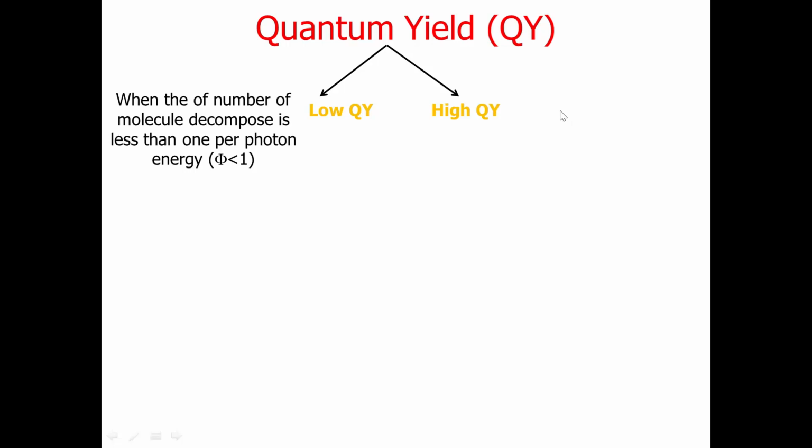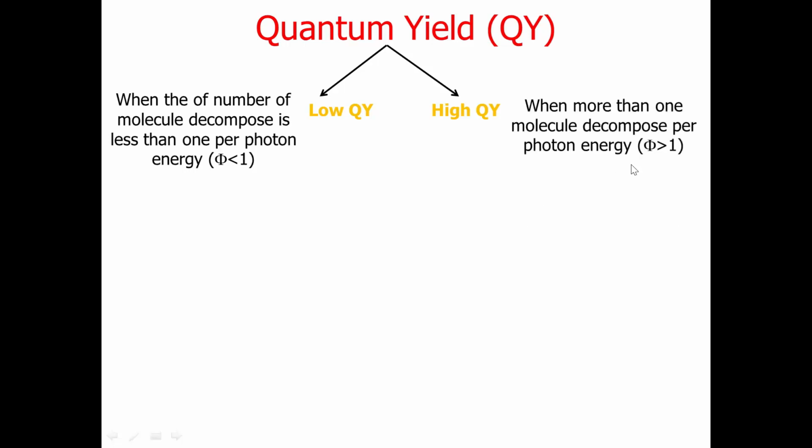In such cases the corresponding quantum yield value is low, whereas in high quantum yield, more than 1 molecule decomposes per photon energy, or in terms of moles, more than 1 mole decomposes per Einstein energy.